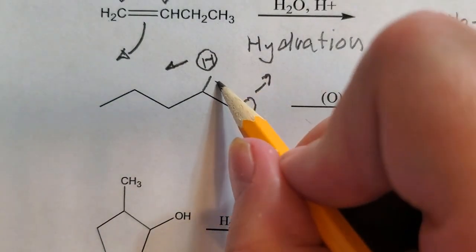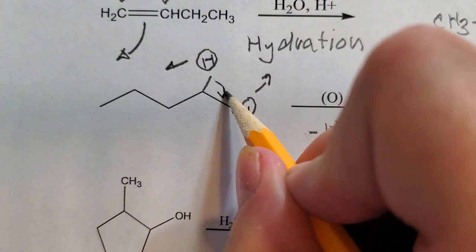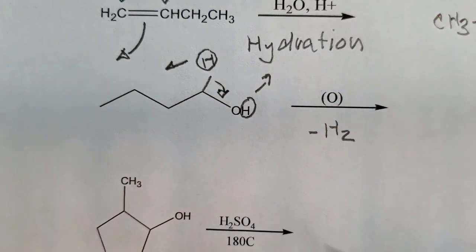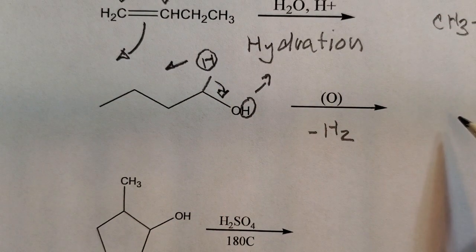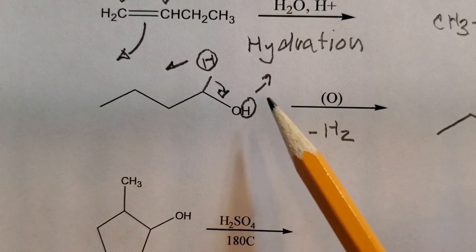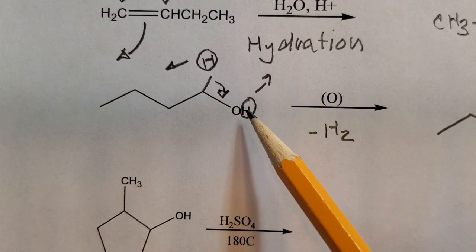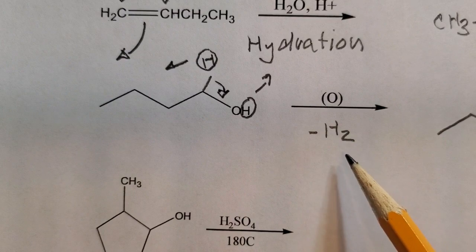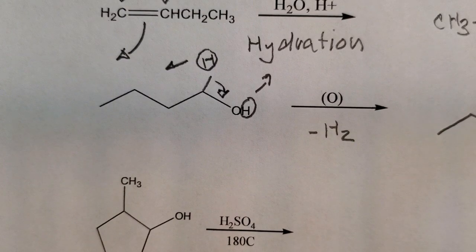And its bond is going to go there. That bond is going to go there. So that's going to be 2, 3, 4. Sorry, it's an oxidation, so we're going to get rid of 2 hydrogens. And this is the product.